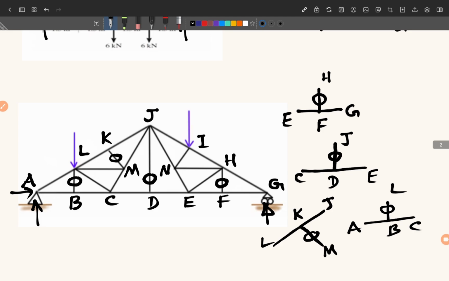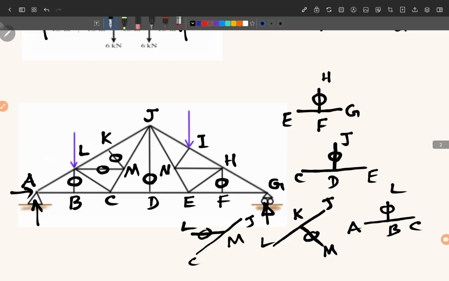So we look at joint M. Joint M is having this force. So ML. Now look at this. So there is MJ here, MC here. So to maintain the equilibrium, because MJ and MC are collinear, therefore the third ML will be equal to 0.